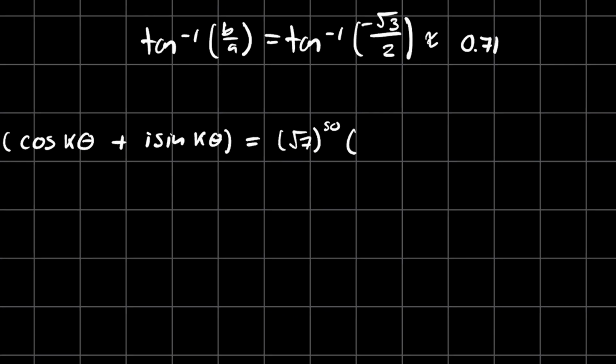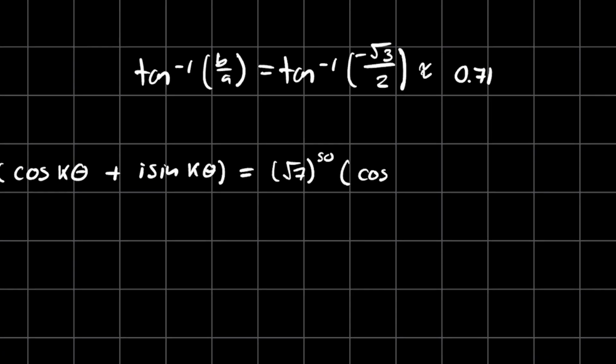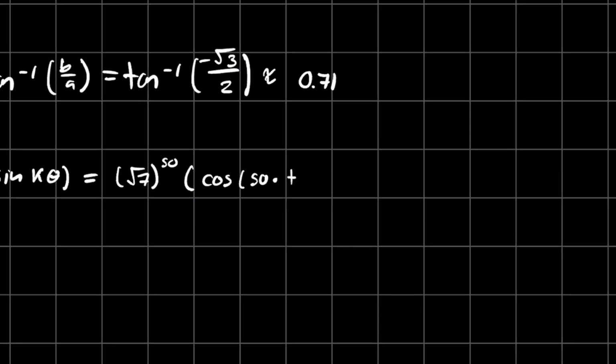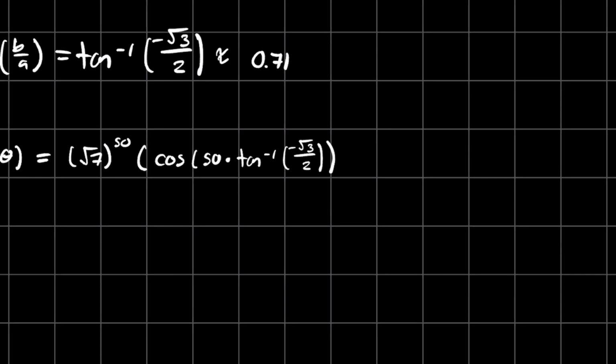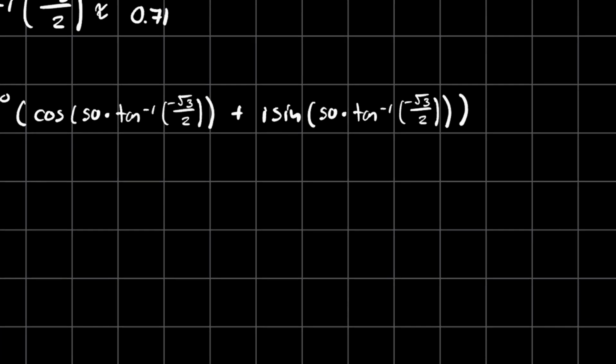And then cosine of k, so 50 times this whole tangent inverse chunk over here. We'll make it smaller so it fits here. Plus i sine of this thing again. Duplicate, and then after that, we'll just close this.